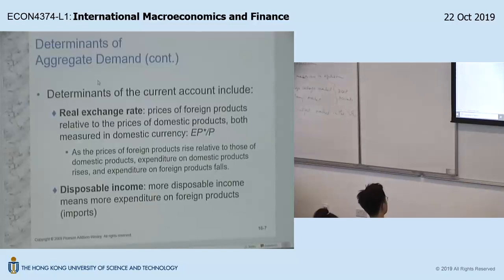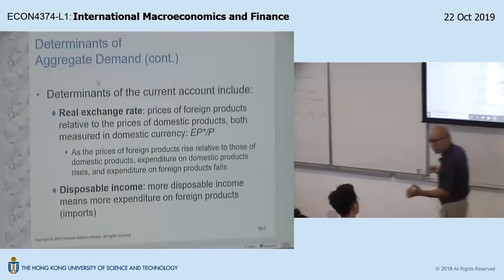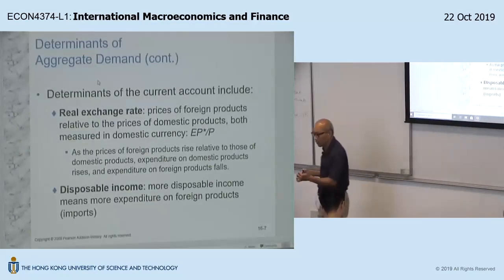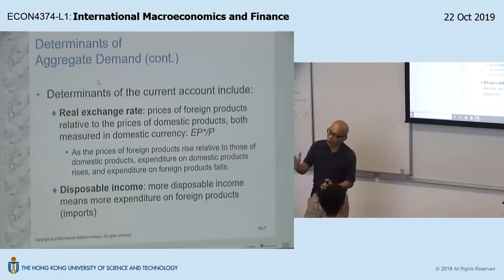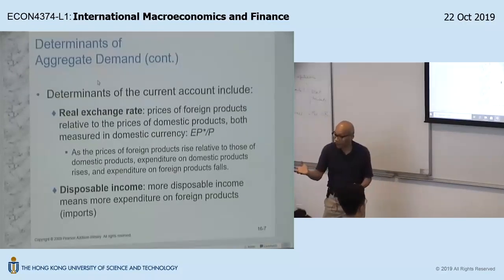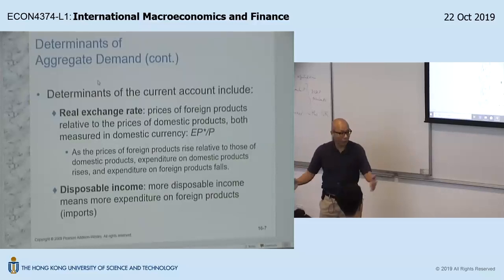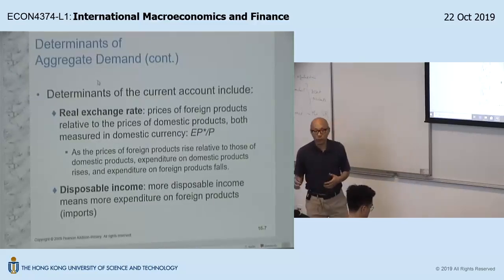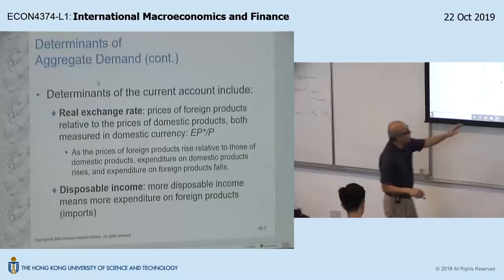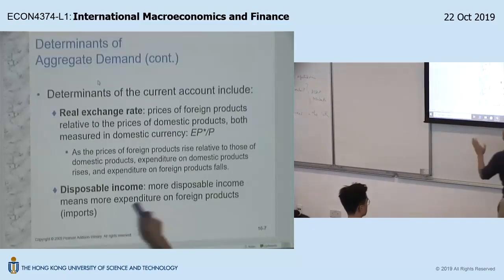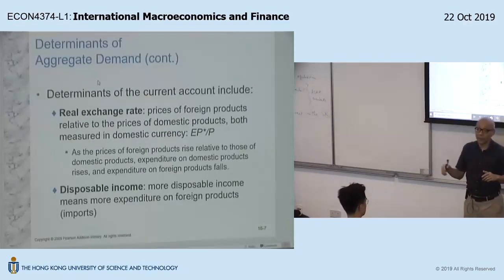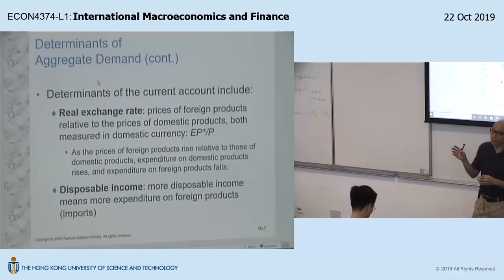The other variable is the disposable income, which also makes sense, right? Disposable income will basically affect import. If you have more disposable income, you want to consume more. It's similar to how disposable income affects consumption.